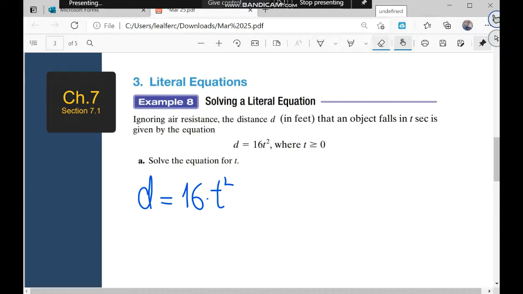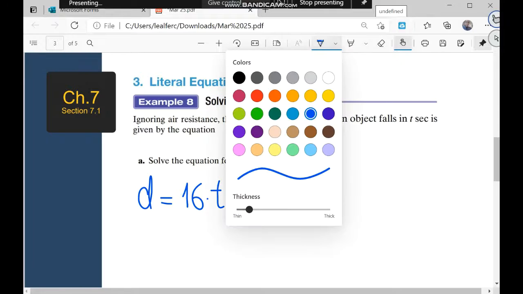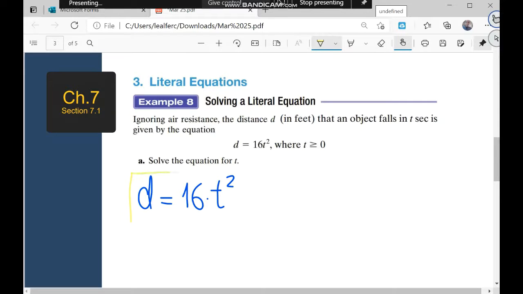The distance is in feet and the time is in seconds. So this is the formula for the distance of a free fall, an object that's in free fall.